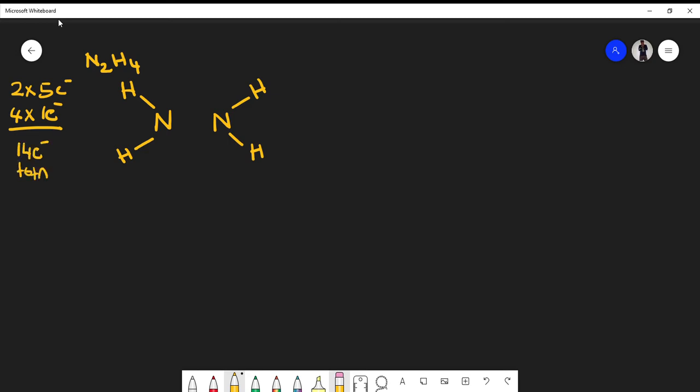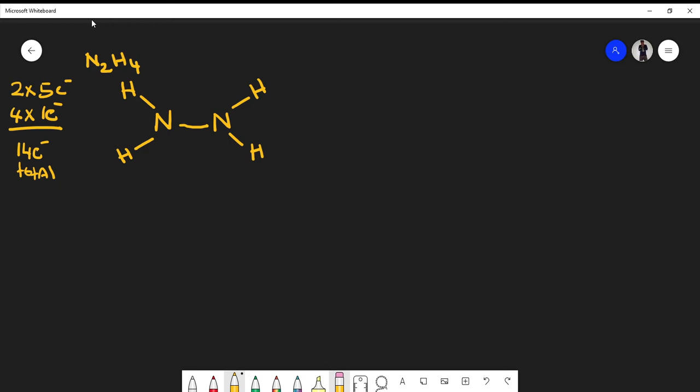Let's see how much we've placed thus far. We've placed 2, 4, 6, 8, so we still need 6 more to get to our target. I'm going to form a single bond between my 2 nitrogens, so now I have 2, 4, 6, 8, 10. I'm missing 4 electrons, and my nitrogens are not satisfying the octet rule.